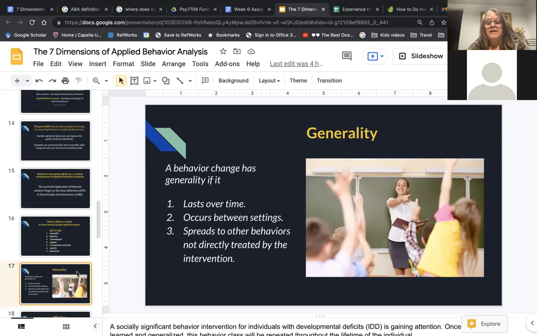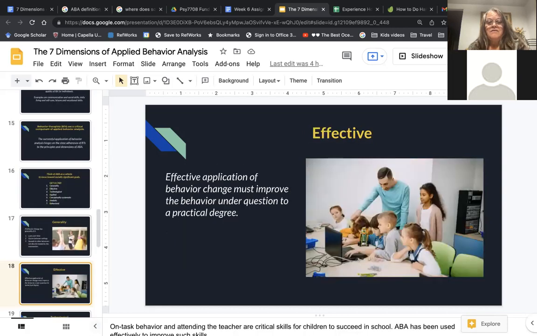Get a cab. Our next one is an E for effective. Now, effective application of behavior change must improve the behavior under question in a practical way. So in this example of this picture, we're looking at what's called on-task behavior and attending to the teacher.